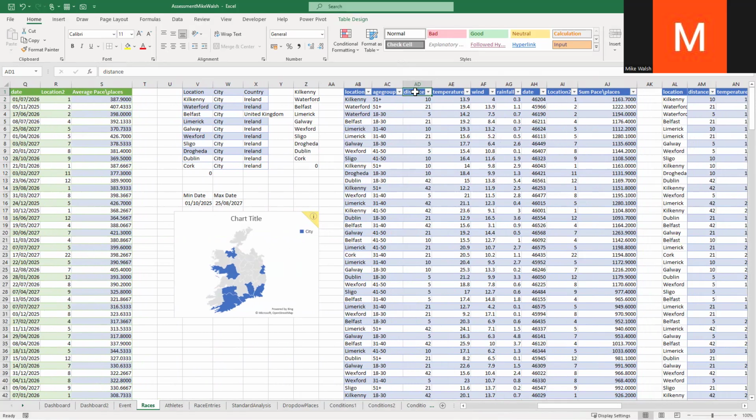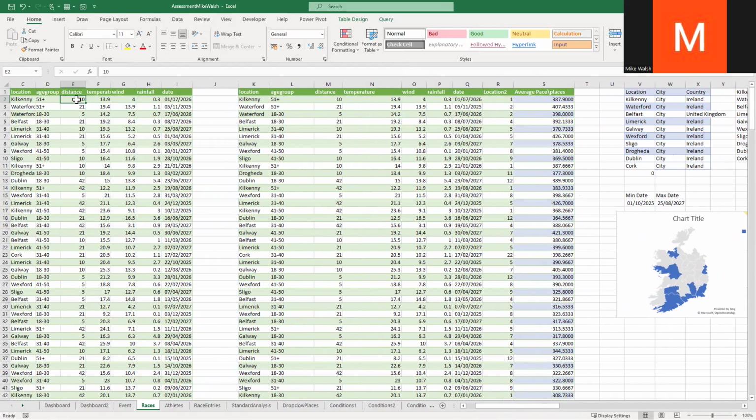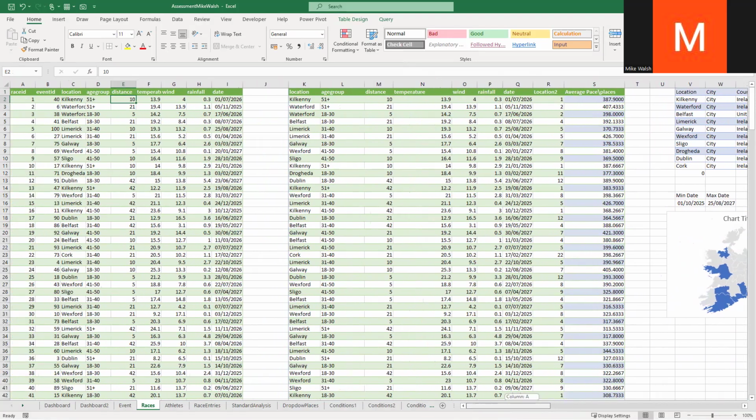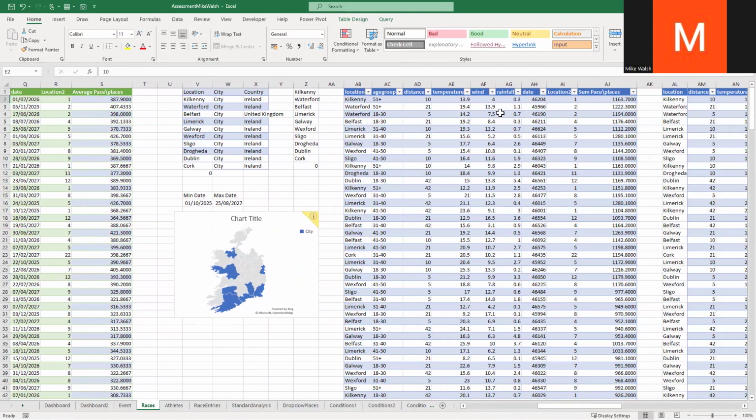So I put distance, which came from a VLOOKUP I'd say, from somewhere. I was really interested in getting distance, temperature, wind, and rainfall in one location. So I had to numerically identify this location.